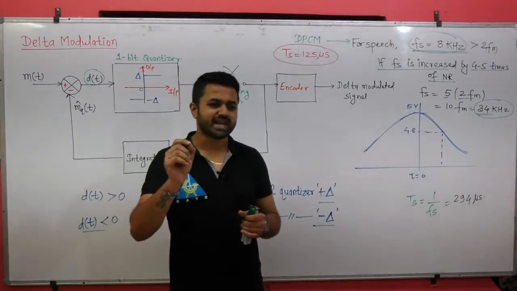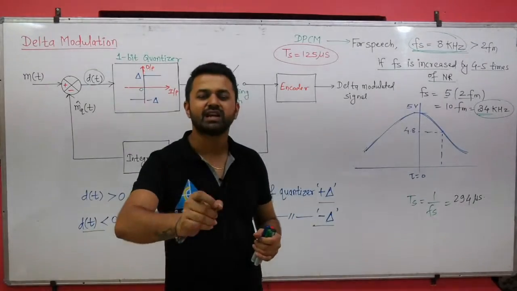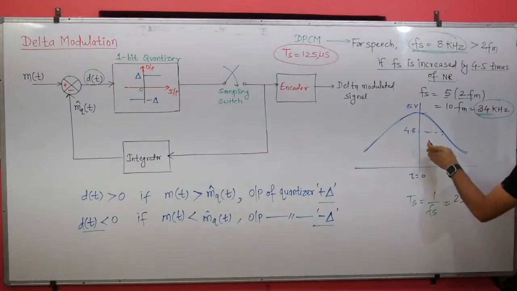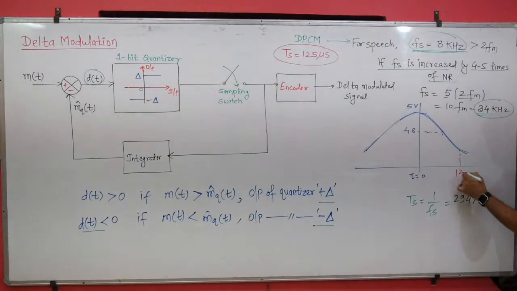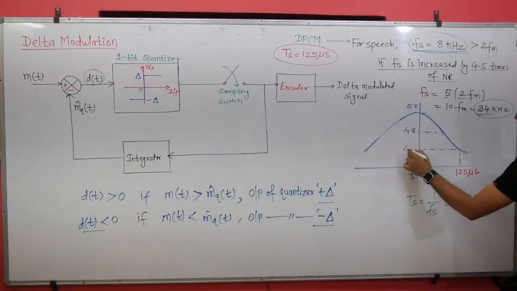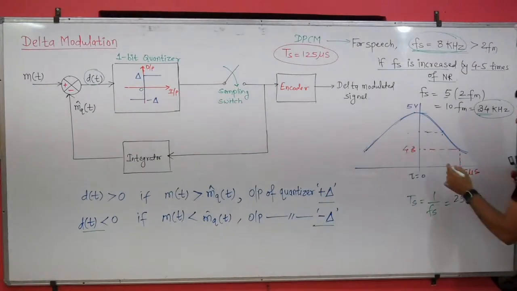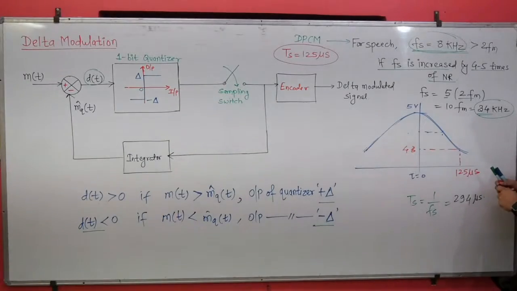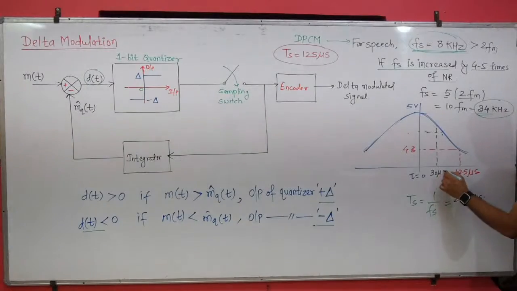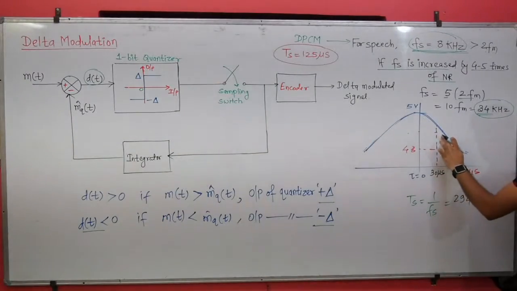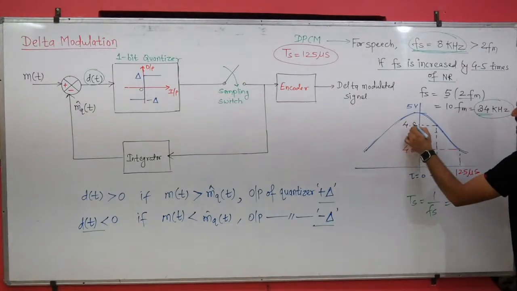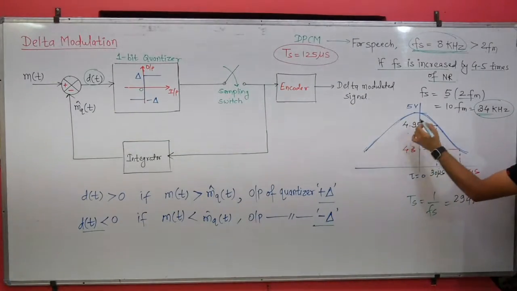Previously, in 125 microsecond we were getting 4.8. Now if you take the sample in 30 microsecond, approximately 29.4, what value should you get?